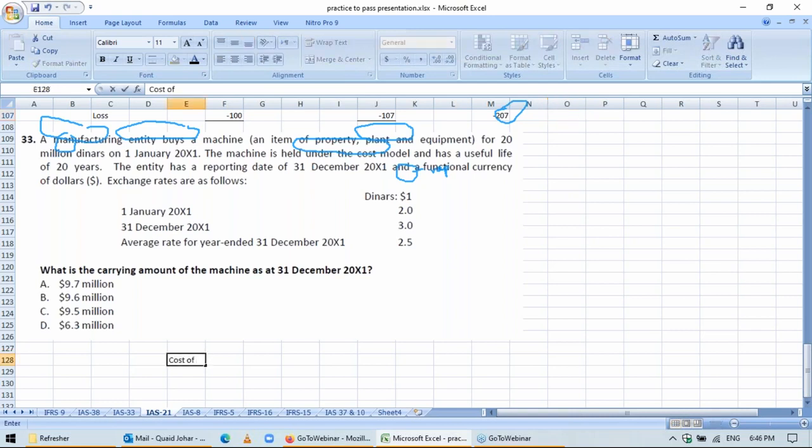So this will give you the cost of property, plant and equipment. This will be 20 million dinars divided by the 1st January rate, which is 2. Divided, you get $10 million. Then you will calculate depreciation.